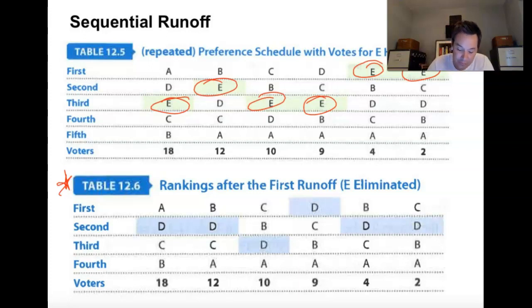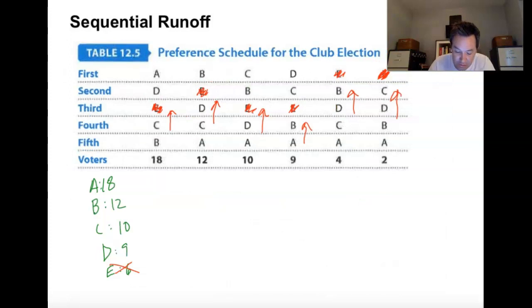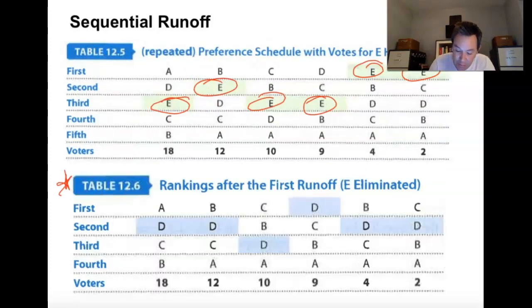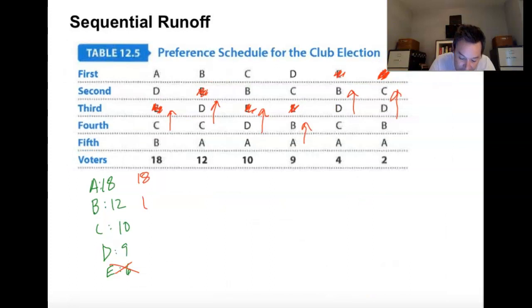So A gets these 18, but doesn't get any more. So A, round 2, still gets 18. Let's look at B. B gets 12, but then it also gets these 4, because now B is in first place in that column. So B now is at a total of 16.